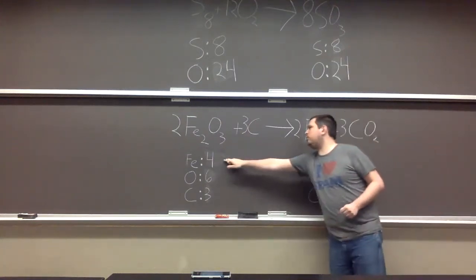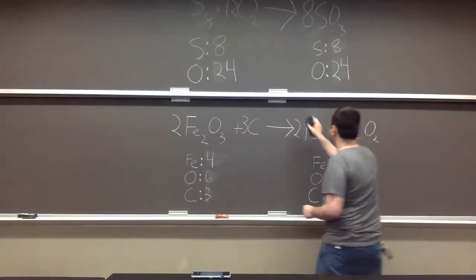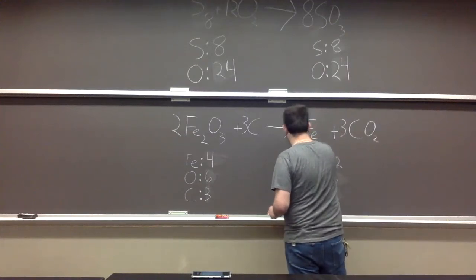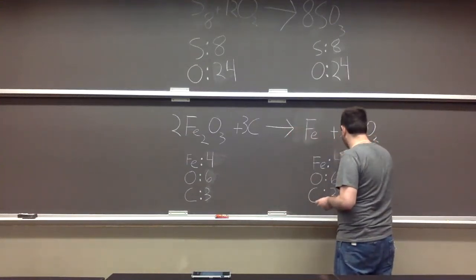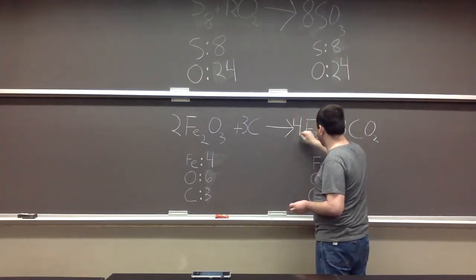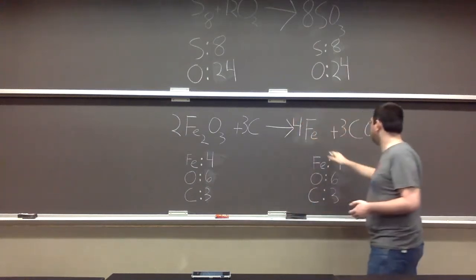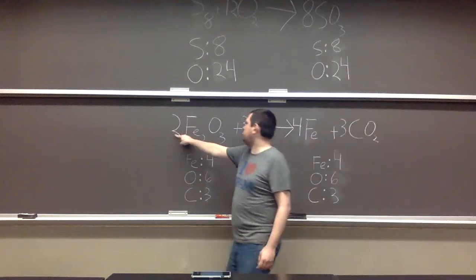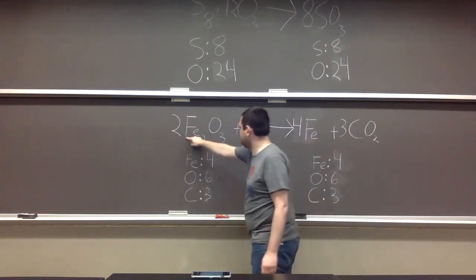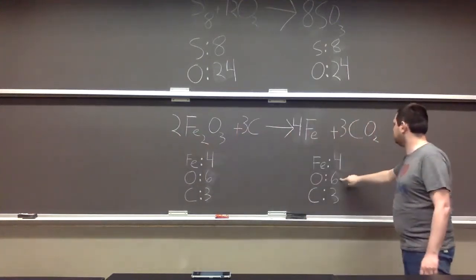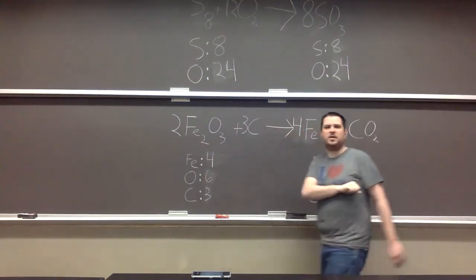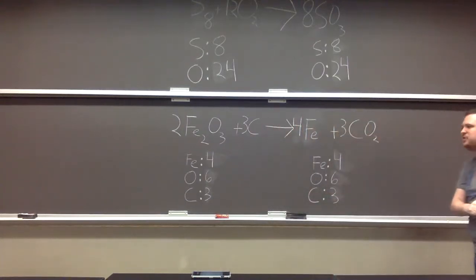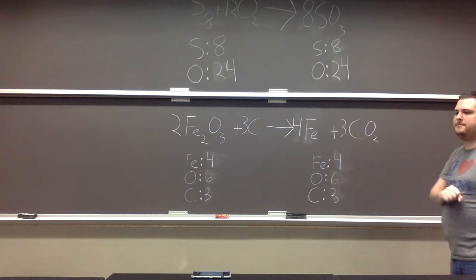Between 4 and 2 should be pretty easy. Just multiply what we have by 2 already. 4 times 1 is 4. 2 times 2 is 4. 3 times 2 is 6. 3 times 2 is 6. 3 times 1 is 3. 3 times 1 is 3. Our equation is now balanced again.